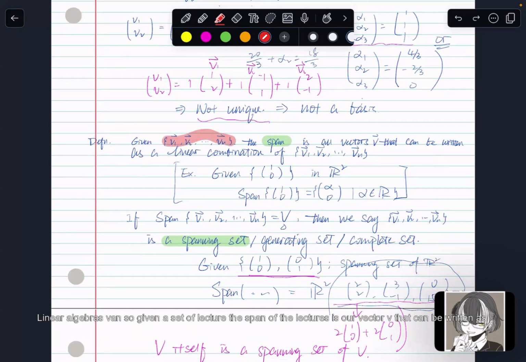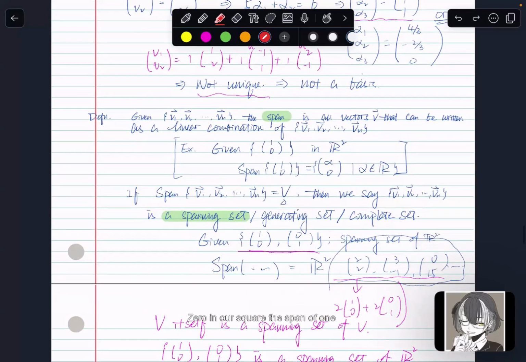Given a set of vectors, the span of the vectors is all vectors v that can be written as a linear combination of the set of vectors. So I give an example. Given (1, 0) in R squared, the span of (1, 0) is basically anything on the x-axis, if you think about the Cartesian plane.